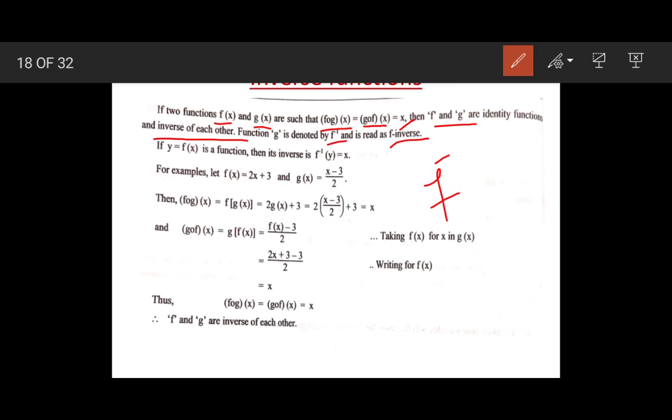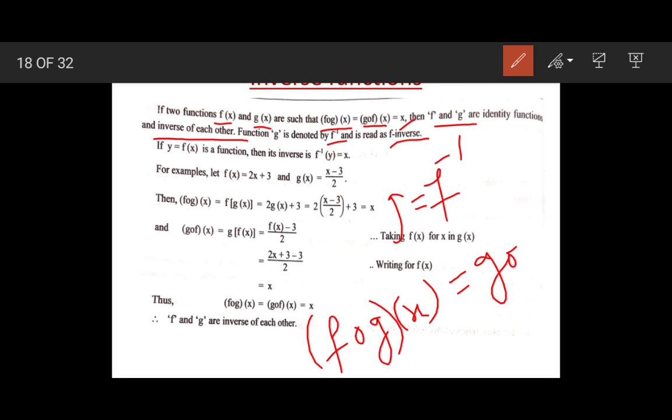This is written like this: g will be f inverse when f∘g(x) will be g∘f(x) and both will be x. Then g is the inverse of f.